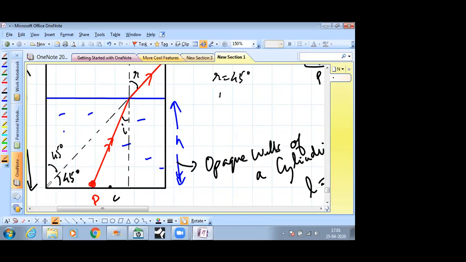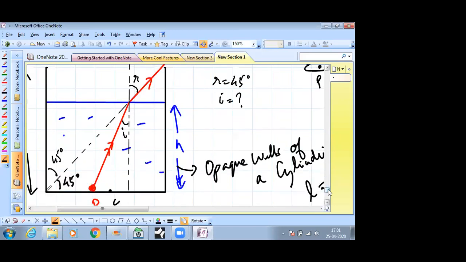So I we have to find out how much it should be so that this point is visible. Now for this point to be visible, we have to also understand one thing over here. This geometry, that this is a 45-degree triangle. So whatever this distance is, x suppose, this is the same.